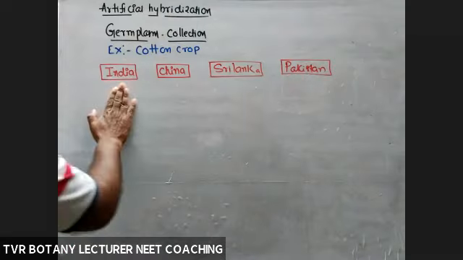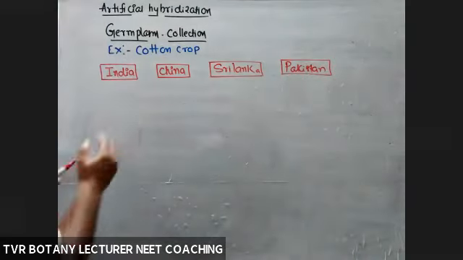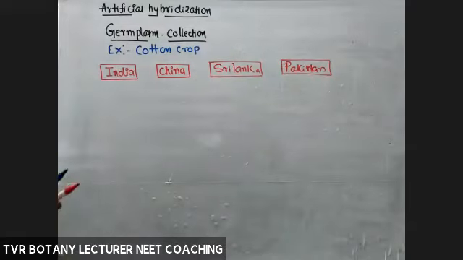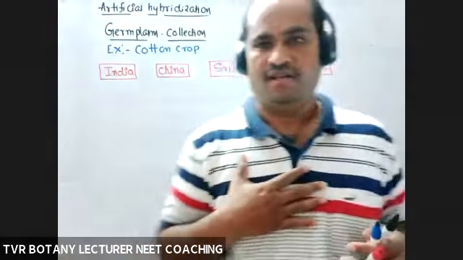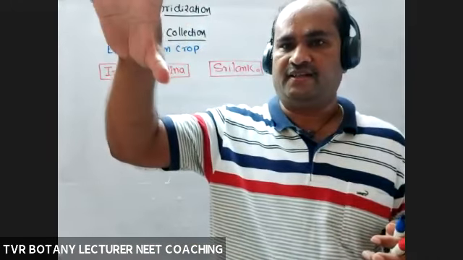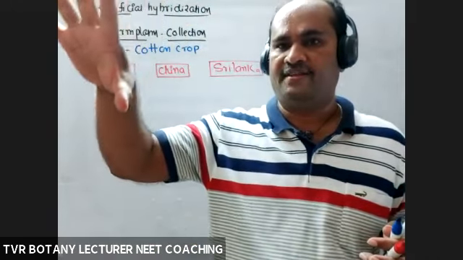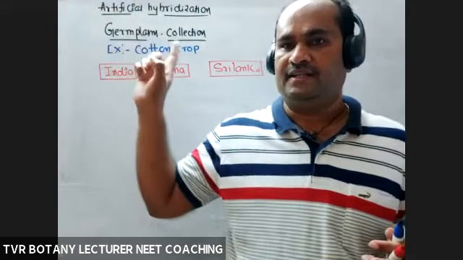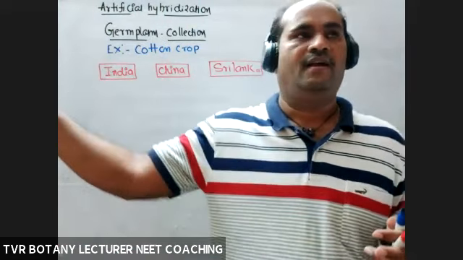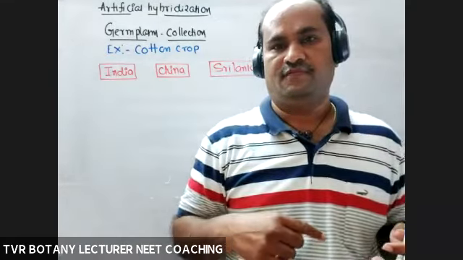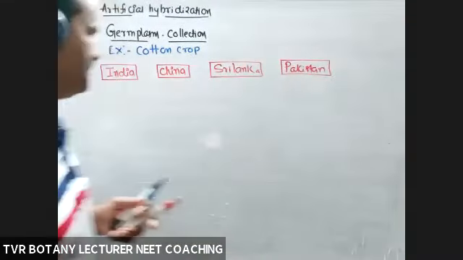Okay. So cotton, or some other areas. Take more number of areas. Here, our objective is we have to select all plants of that cotton crop growing everywhere. From all the localities, we have to collect.